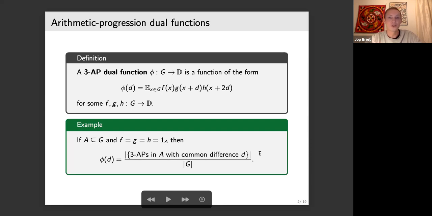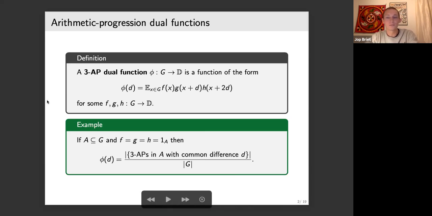If you average over d, then what you get is simply the proportion of 3APs in your set. As you can imagine, dual functions play an important role in questions in additive combinatorics, especially when it comes to counting linear patterns.